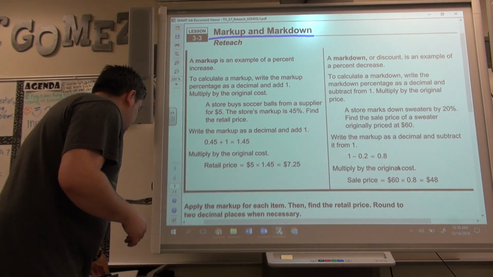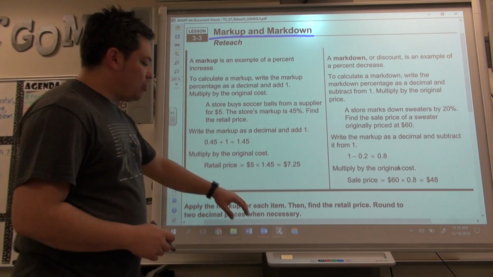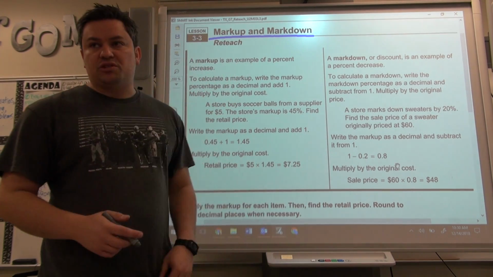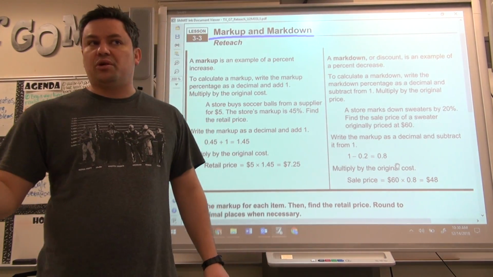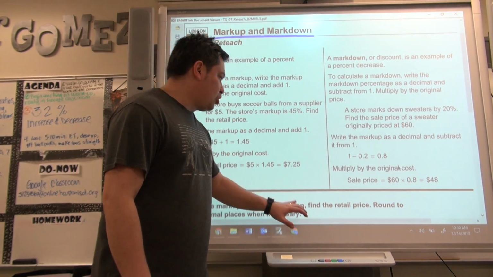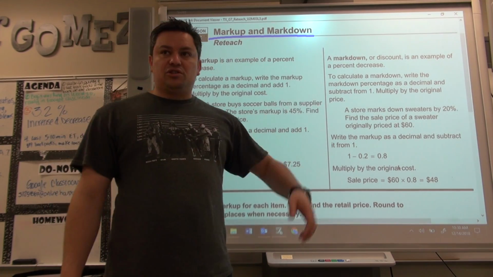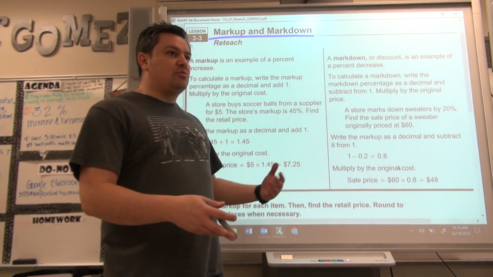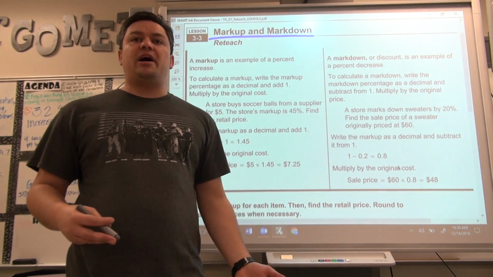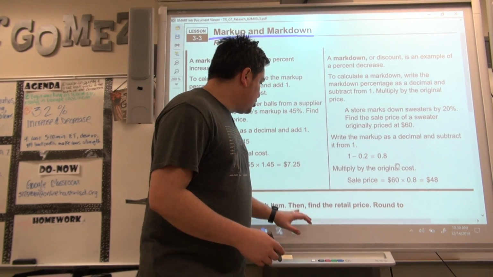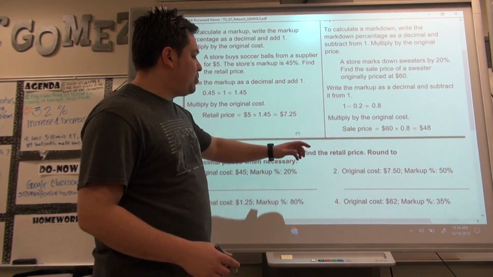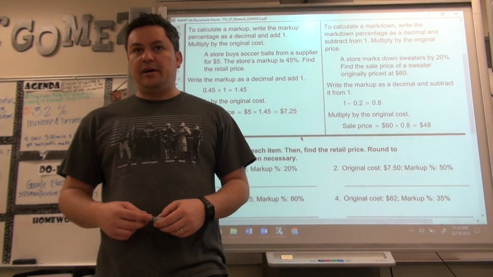So this is what it is. Basically, let's say you work for a sports store, and you sell soccer balls. Now, let's say Academy or Dick's Sporting Goods or whatever, they don't make those soccer balls, so they have to buy them from a vendor. So let's say they buy those soccer balls from Adidas, okay?